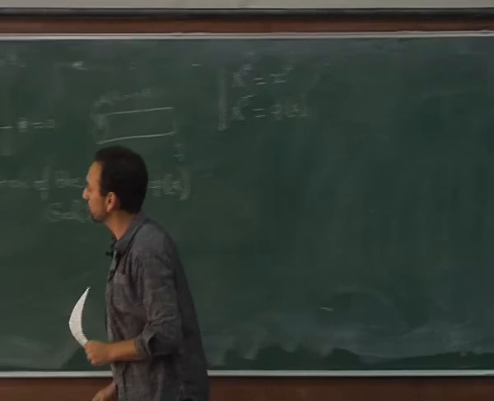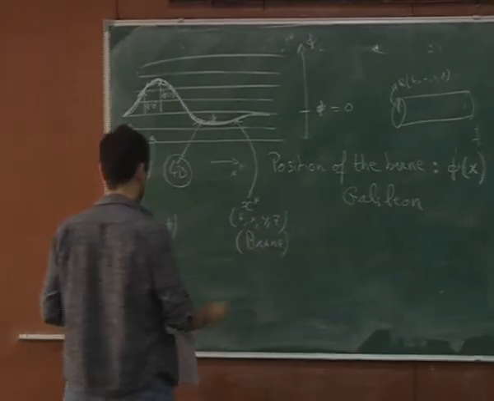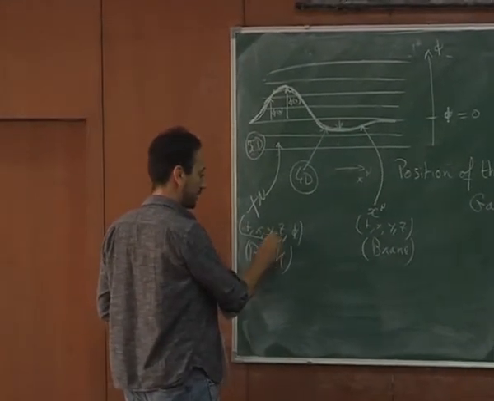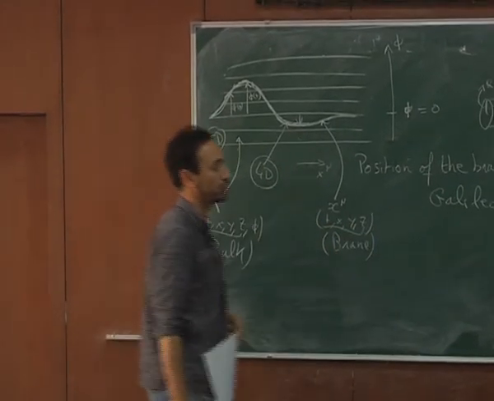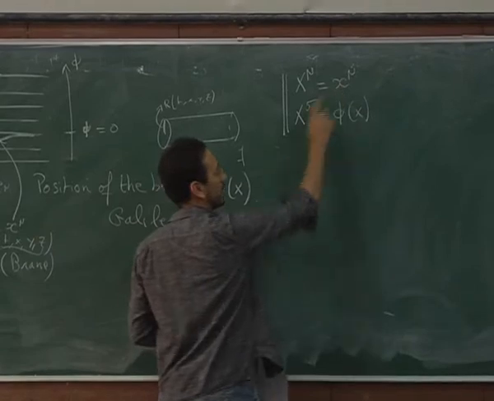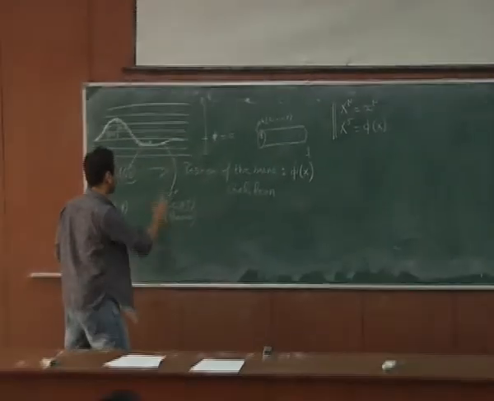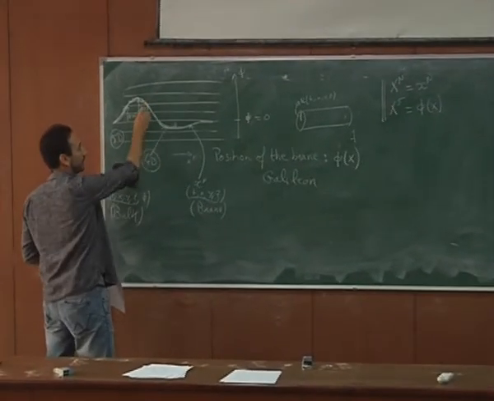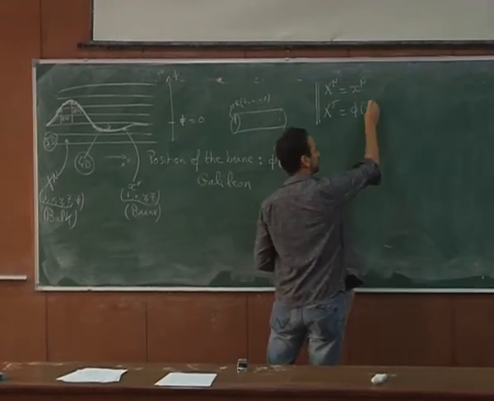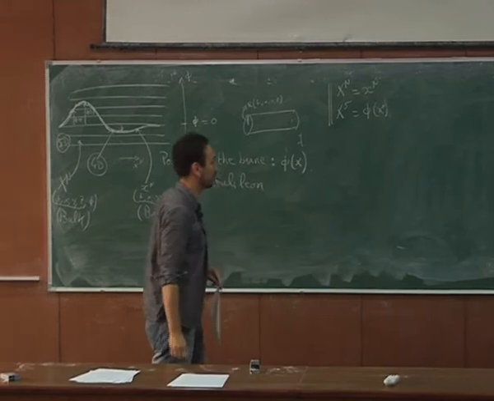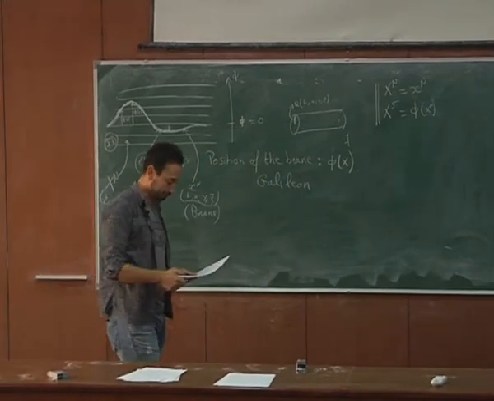This is the equation of my brane in the sense that it has some coordinates here, t, x, y, z, which are exactly the same. So X mu is just x mu. But the extra coordinate phi is a function of the other coordinates x mu. So this is the equation of my brane.